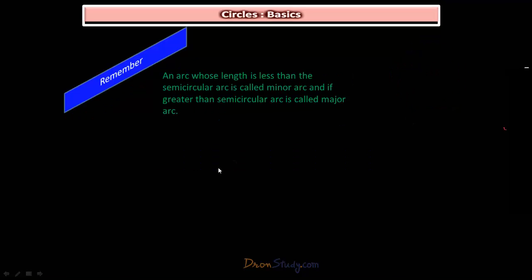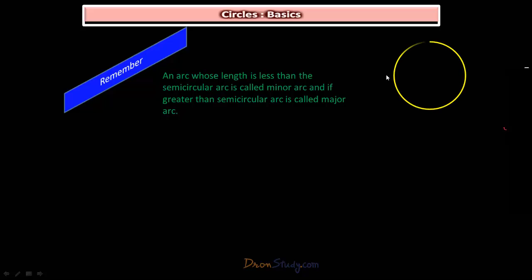Now here is another definition. An arc whose length is less than the semicircular arc is called minor arc, and if greater than the semicircular arc is called the major arc. Students, first we will see what is semicircular arc.